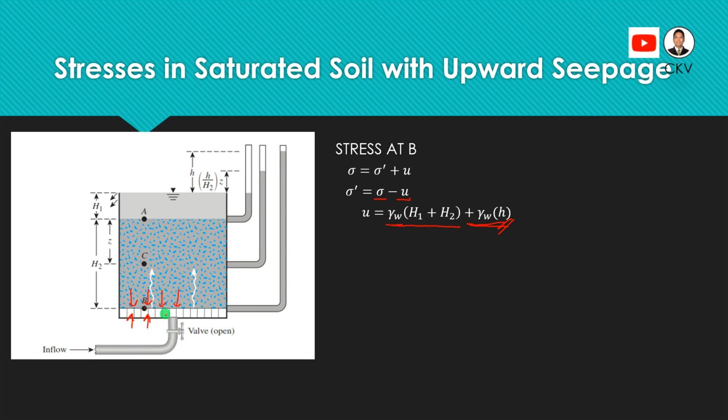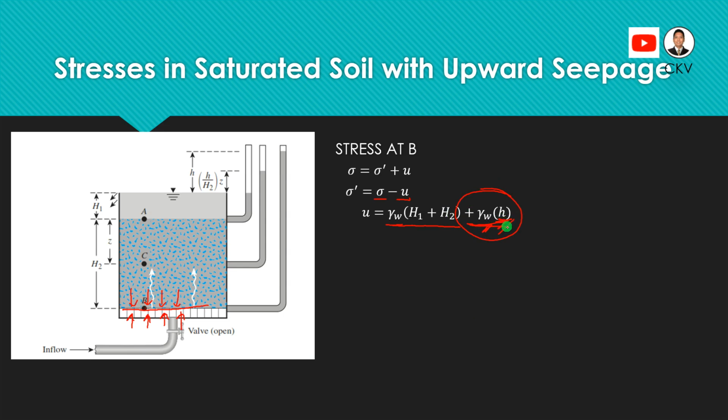So if we have an upward seepage, it means that at point B, we have two pore pressures directing towards point B. So their pressures will combine, or they will add. So the total pore water pressure will increase. So this will be your additional pore water pressure. It's just the product of the unit weight of water and H.